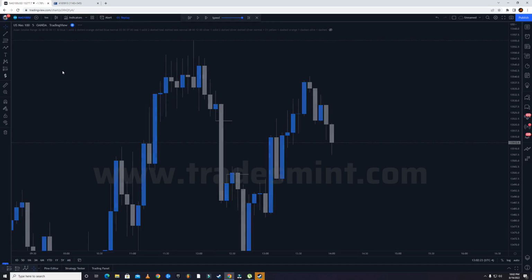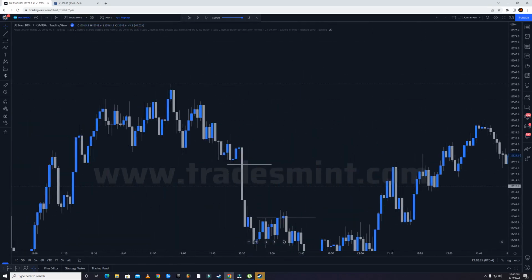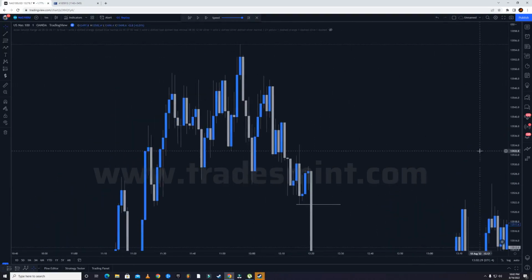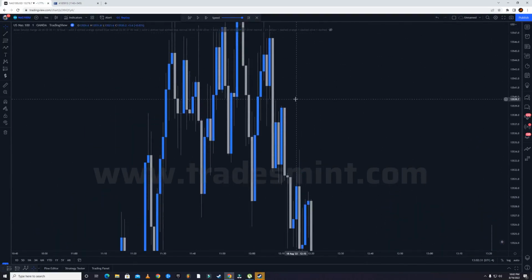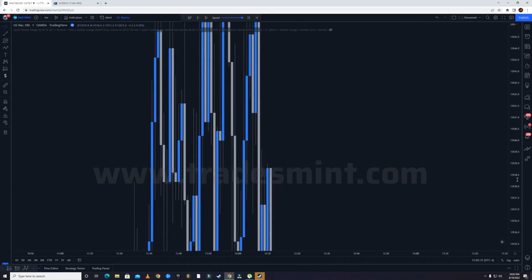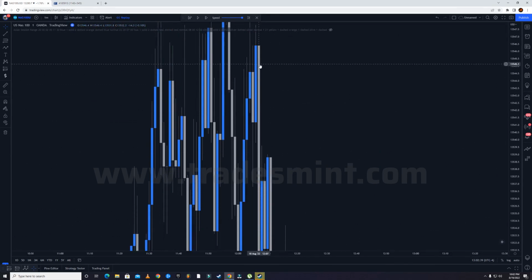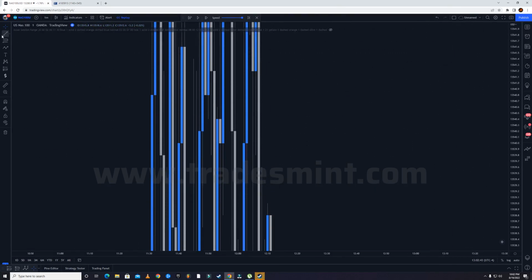So let's go to the 1-minute time frame, and if we zoom in, you can see there's a gap from here to here. So 1, 2, 3 candles, very nice. And then you can see we got this gap, and price must fill this level.